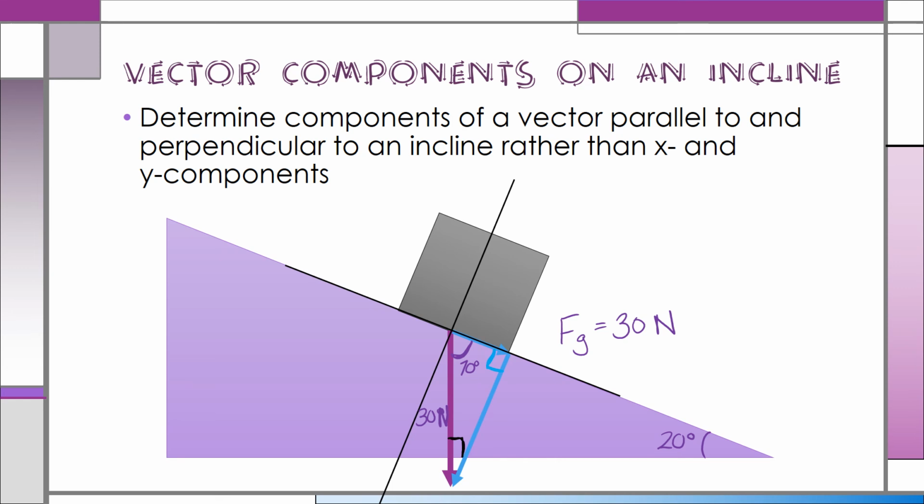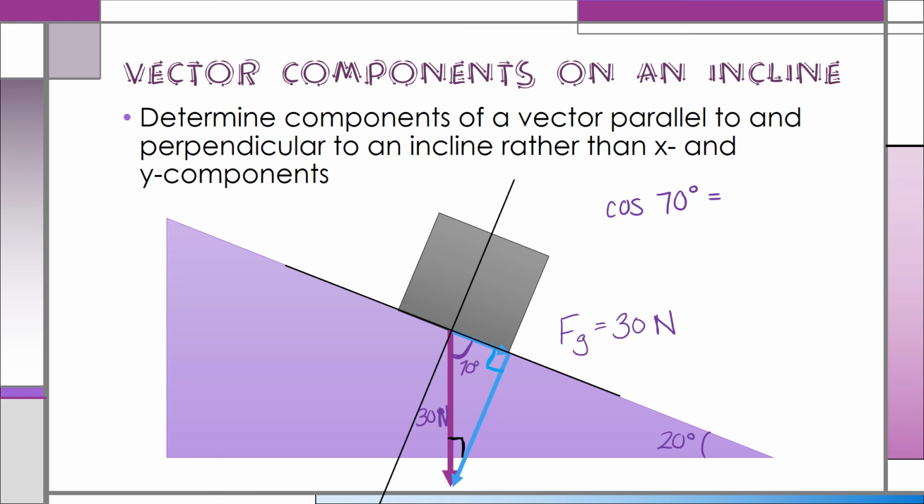I could then focus on my triangle made with my components to find the component that is parallel to the incline and perpendicular to the incline. In this case, if I was trying to find this parallel component, I would use the cosine function, because the cosine of 70 degrees would give me that parallel.